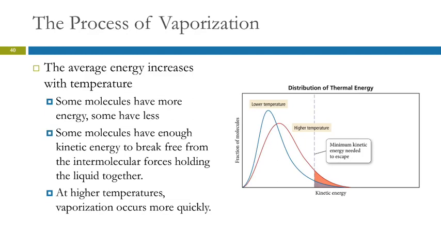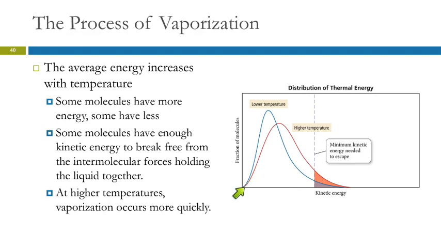So average kinetic energy is related to temperature. We see that increasing the temperature increases the average kinetic energy. Here we have the blue line representing the distribution of thermal energy at a lower temperature, and this at a higher temperature. So there's an average, right? But it's a distribution.